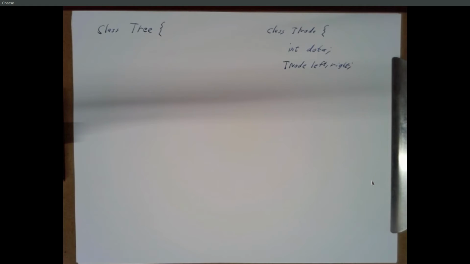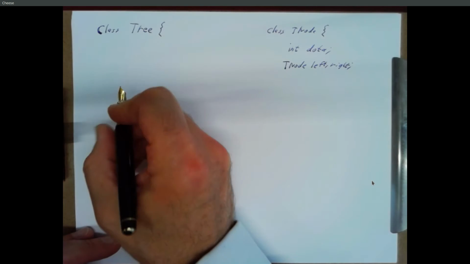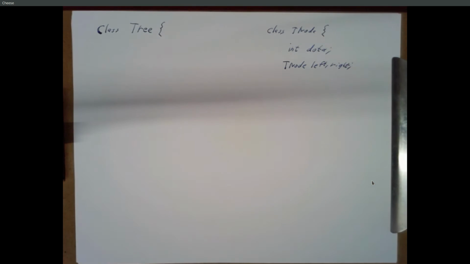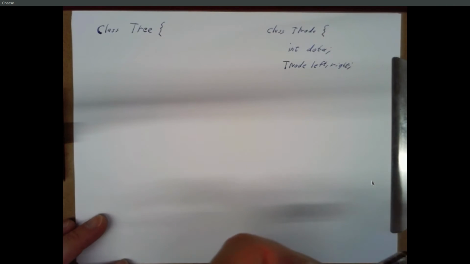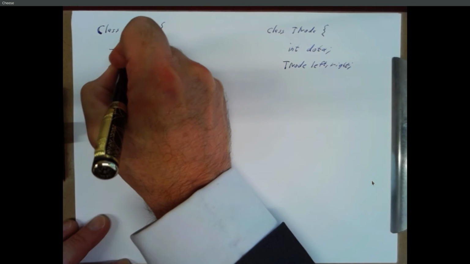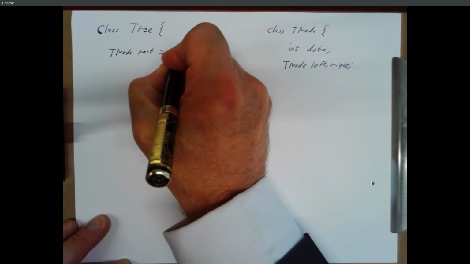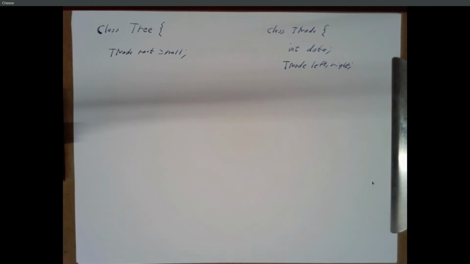So T nodes are pretty simple. And our tree, so what do we need in our tree? What's the one field that we almost certainly need? A root. So root should be a T node, right? So we definitely need a root. And for an empty tree, root's going to be equal to null.